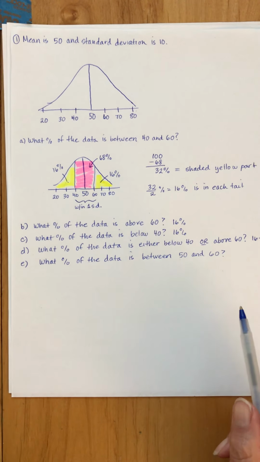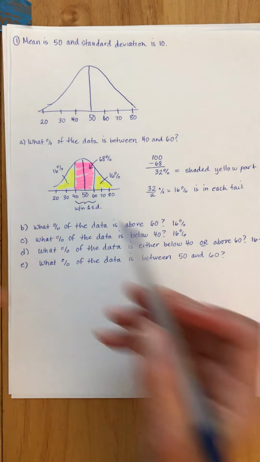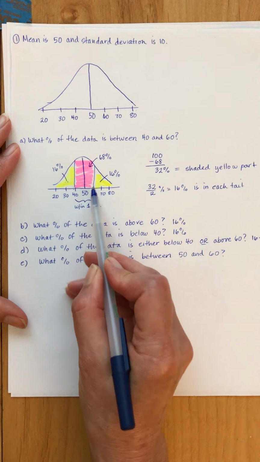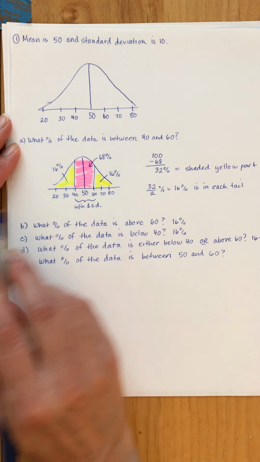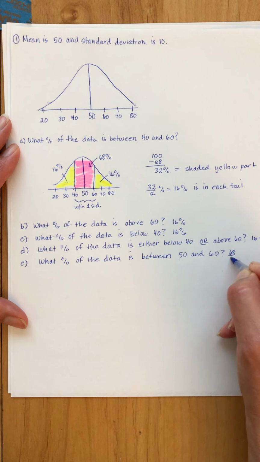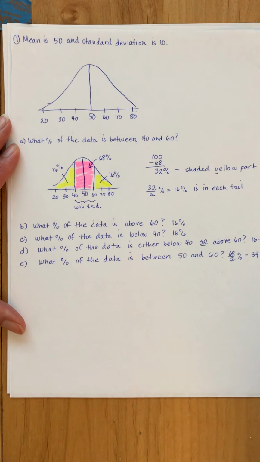Can you answer that question? Well, we know this shaded pink area is 68%, right? But that's between 40 and 60. If we just want 50 and 60, doesn't that have to be half, or 34? So we'll say 68 divided by 2, or 34%.